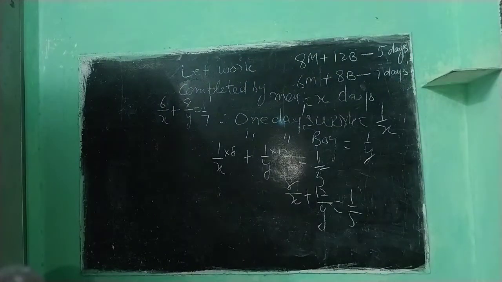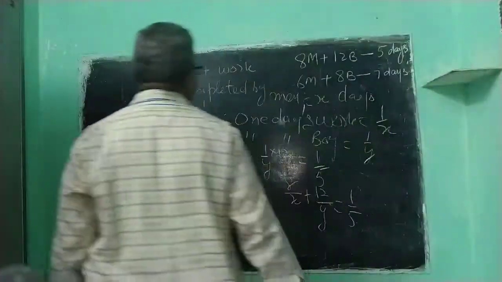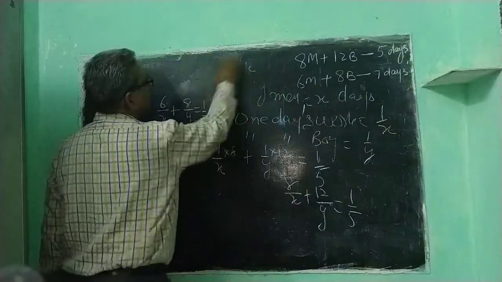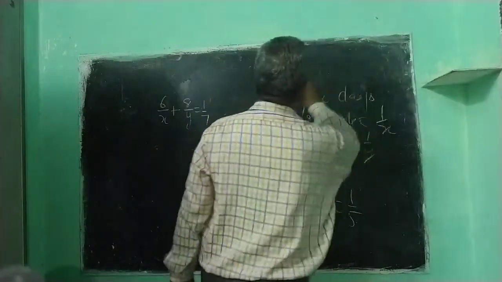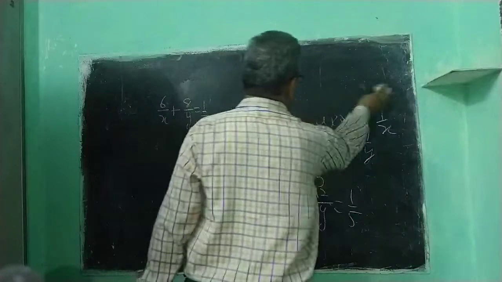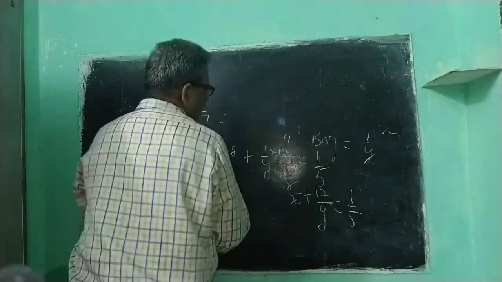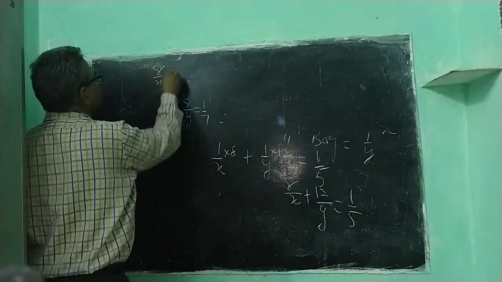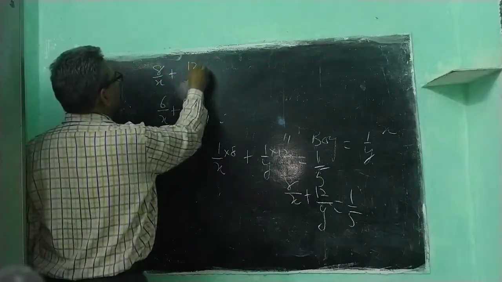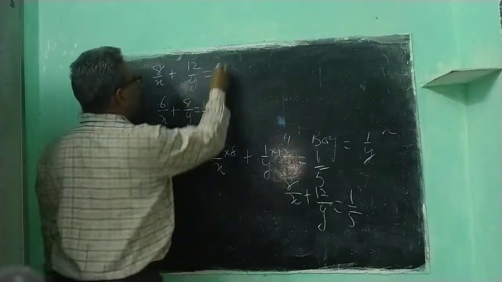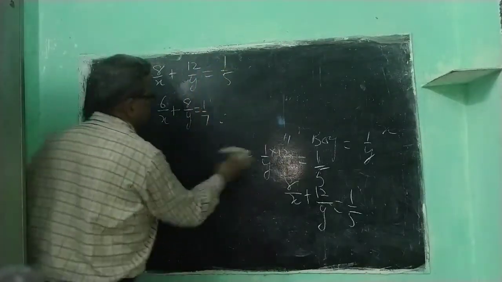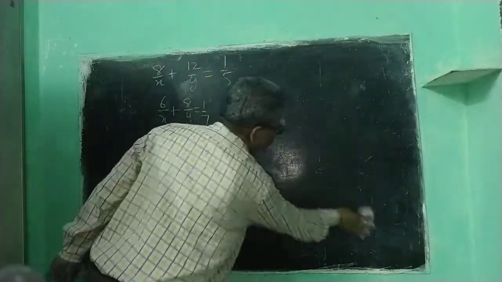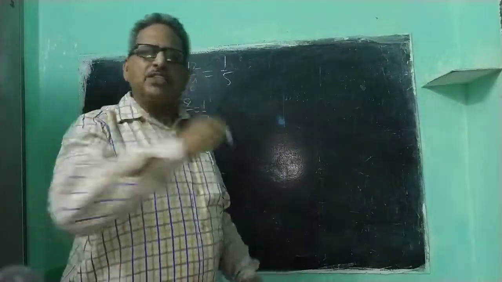So now after solving, beta, what we shall get? So this is, beta, the first equation, 8 upon x plus 12 upon y is equal to 1 upon 5. So how do we proceed now, beta? This is simple, beta, as we did in the last sum.